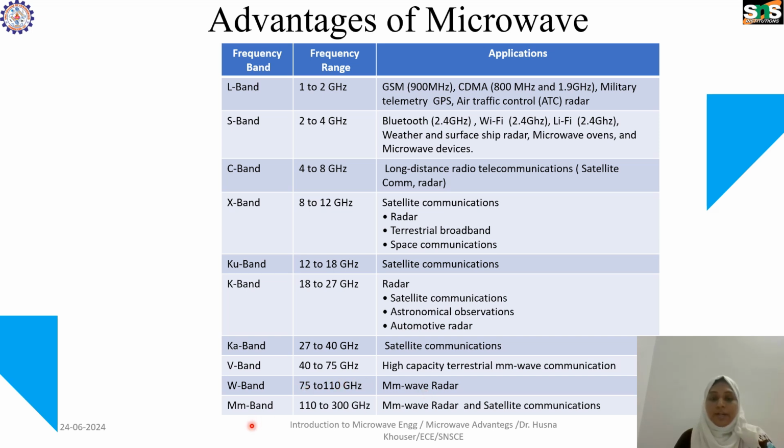Next is the millimeter band which varies from 110 to 300 gigahertz. So based on our requirement and application, we have to pick the frequency which is desired for the application, and based on this we'll design the application for communication.